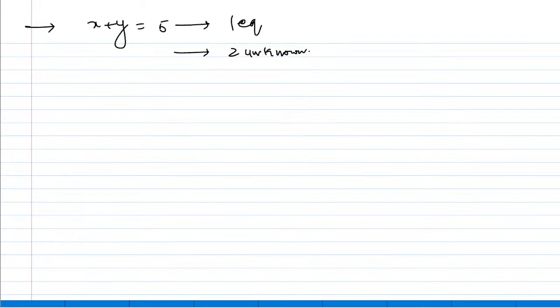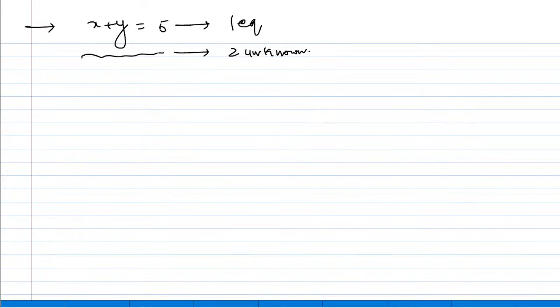Can we get a unique solution in this case? A unique solution means finding the value of x and y, and that should be only one solution. Is it a balanced system? Your life is not balanced here. One equation and two unknowns.